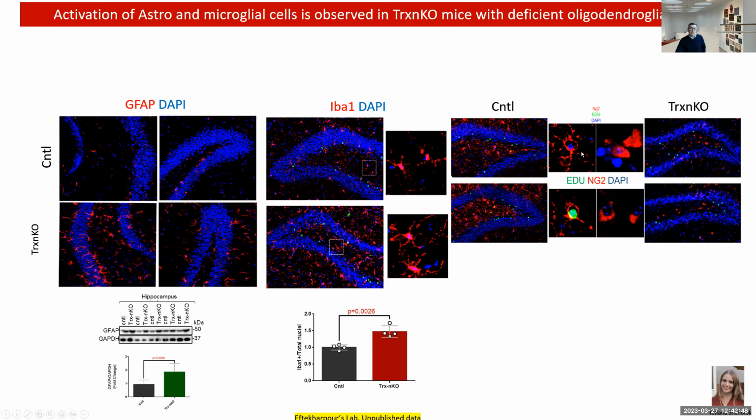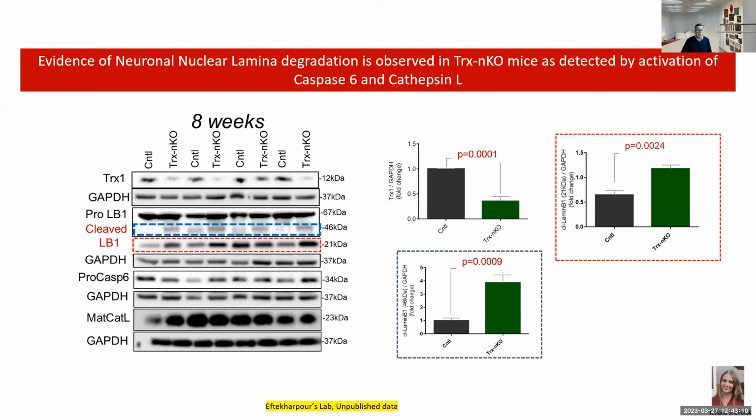So the numbers were not deficient, but it looked like these cells are not able to grab axons and myelinate. There was also an increase in the amount of microglia and GFAP, indicating some form of neurodegeneration and glial response in these animals.